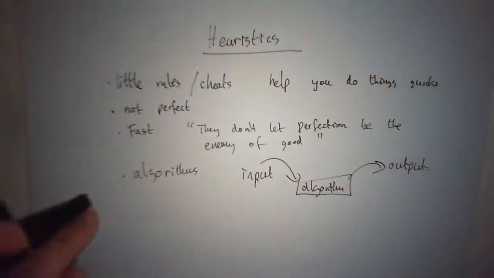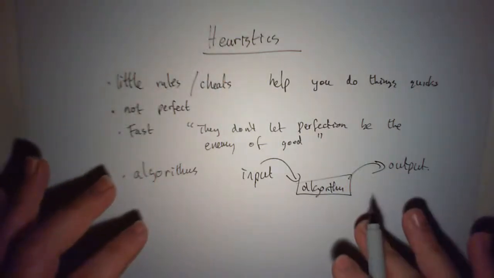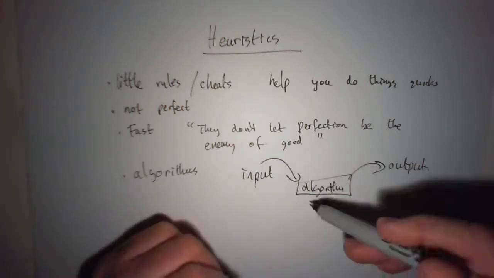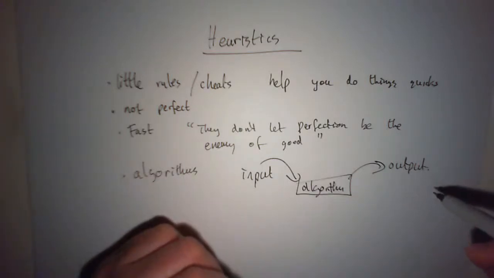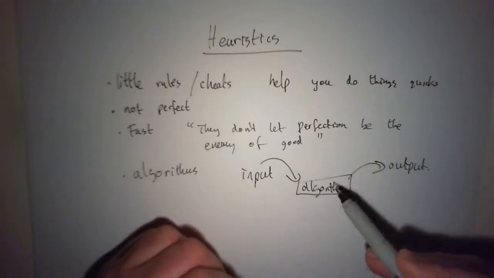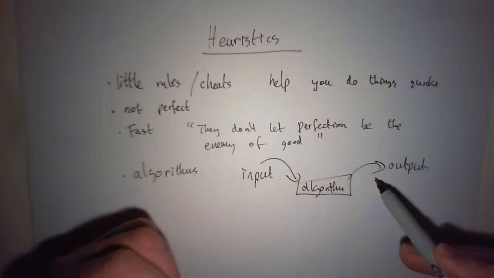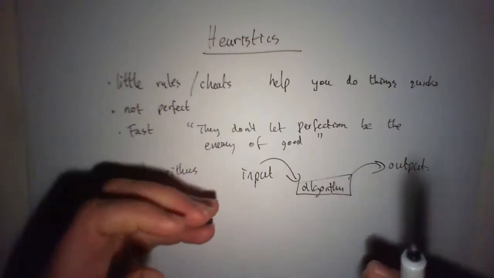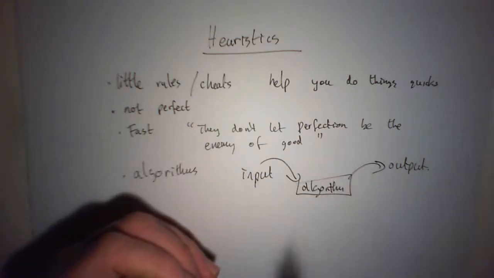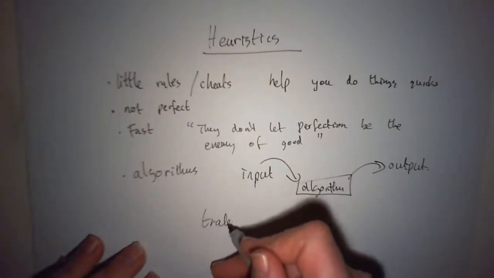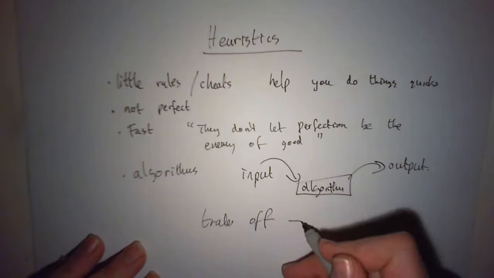heuristic algorithms don't follow that same perfect step-by-step process. They make guesses, they make jumps, leaps of faith, they make assumptions. And most of the time, those heuristic algorithms are right. So what you do is you do a trade-off. Okay?